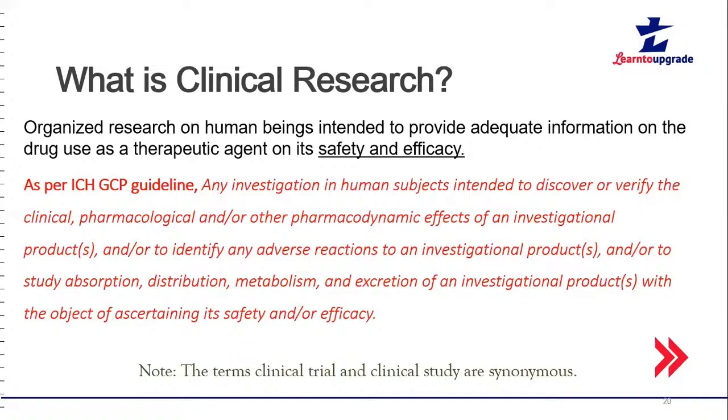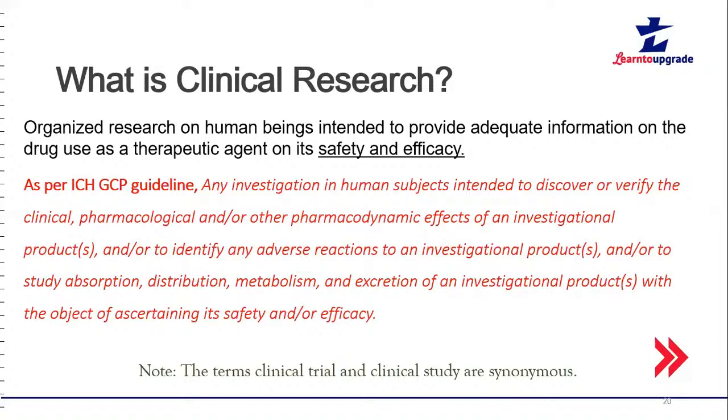The protocol is first approved by the authority, and only then do you proceed, step by step. Why are we doing all this? To get more adequate information about the particular therapeutic agent, the drug, especially on its safety and efficacy. So this is a layman's term definition you can give anytime you are asked about clinical research.